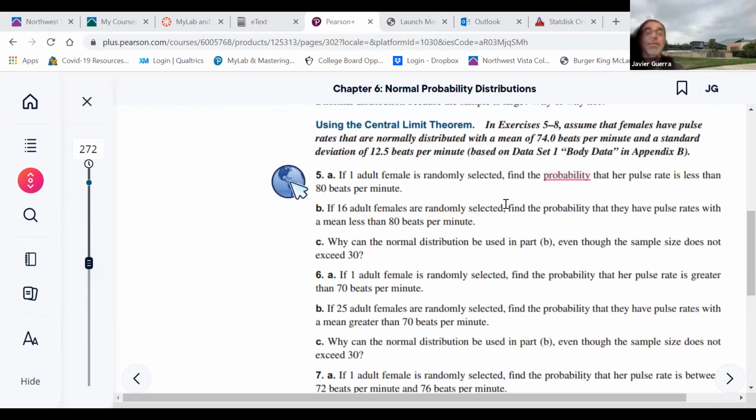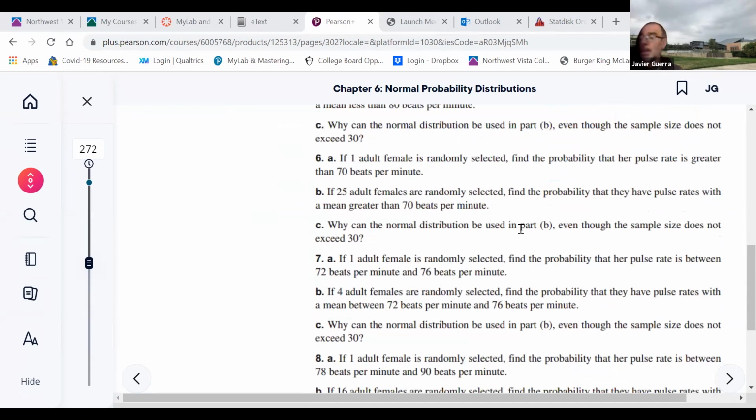And how many samples are we conducting for part A for number 7? To me, it looks like 1. Sorry, Haley, I beat you to it. She got mad. You get credit. All right, 1 sample.